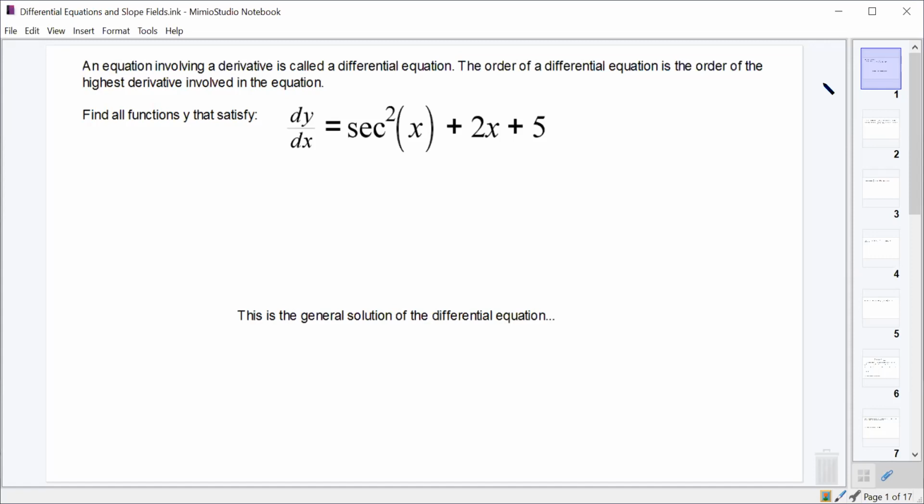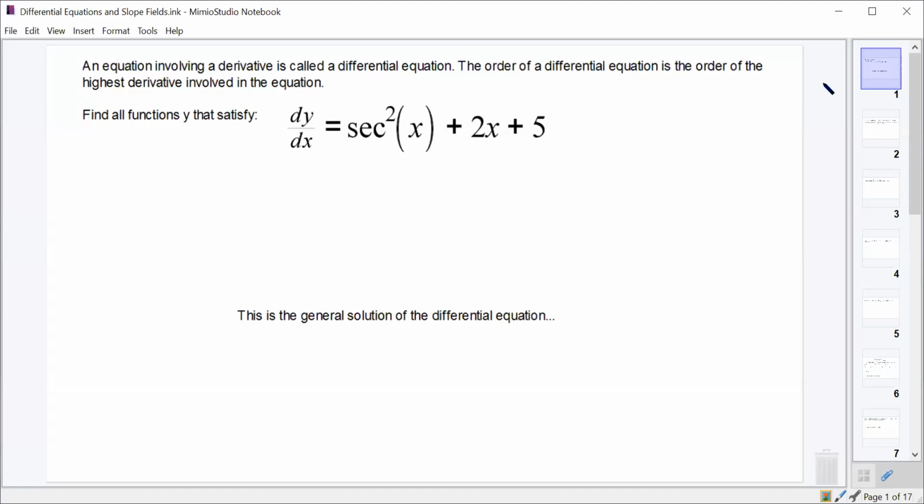But the idea of solving an equation like x squared equals 9 is always you are looking for every x value that satisfies that equation, which is why we get 3 and we get negative 3. They both satisfy x squared equals 9. Negative 3 squared is 9 and 3 squared is 9. Well, it's the same idea with the differential equation. One of these is an equation that has a derivative in it.